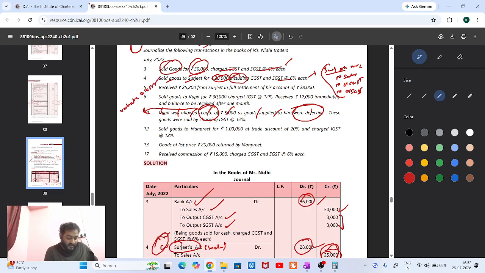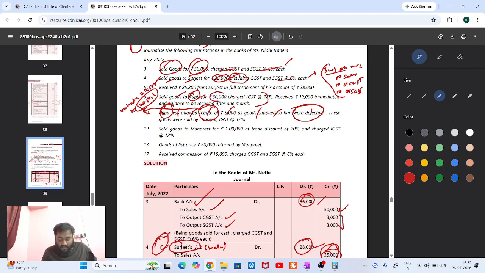Rebate account debit to Kapil. Since there is a rebate to Kapil, and Kapil is a debtor. Okay, we have missed this entry. We will talk about this later. Sorry, first we'll talk about this.